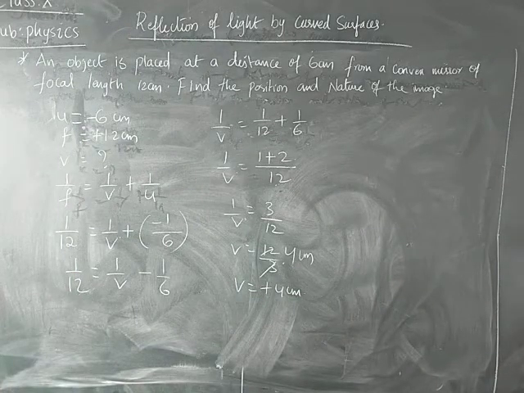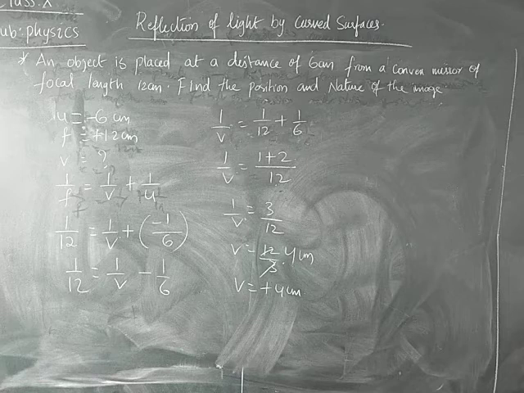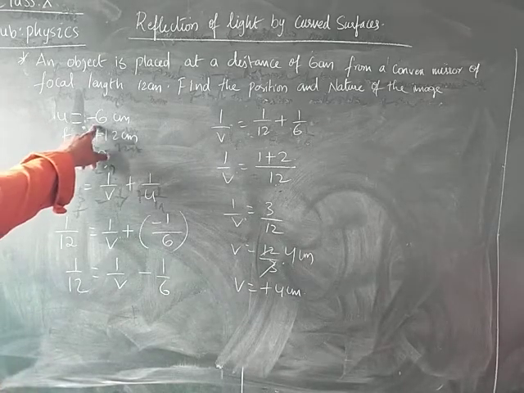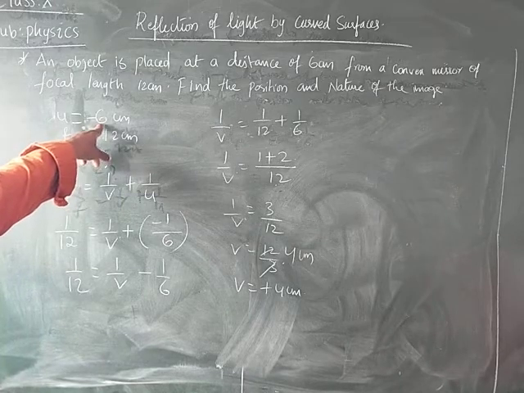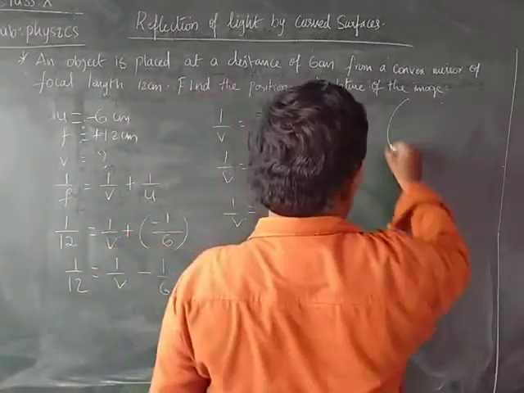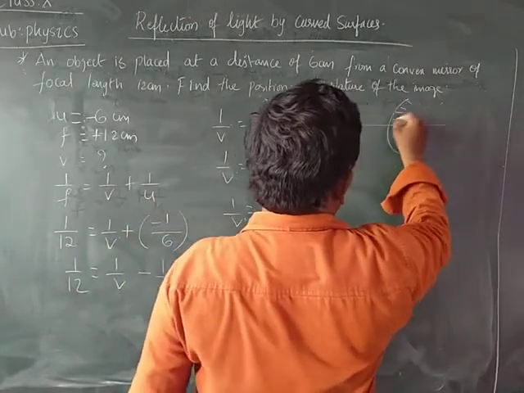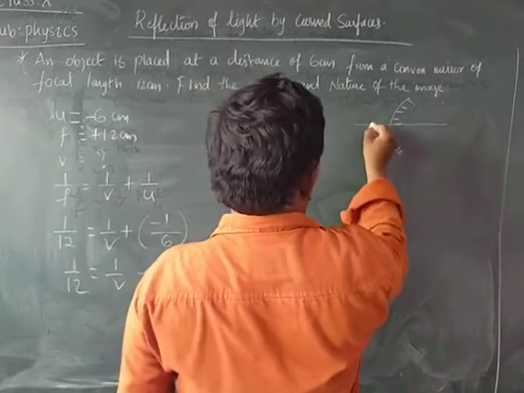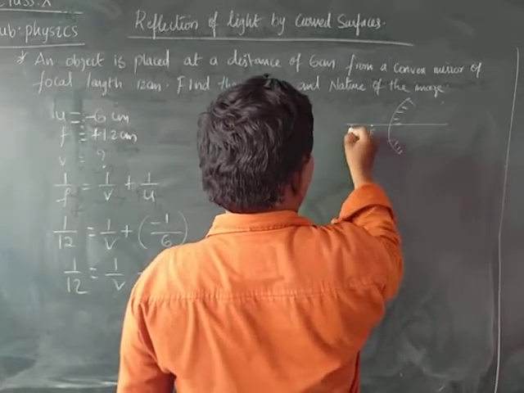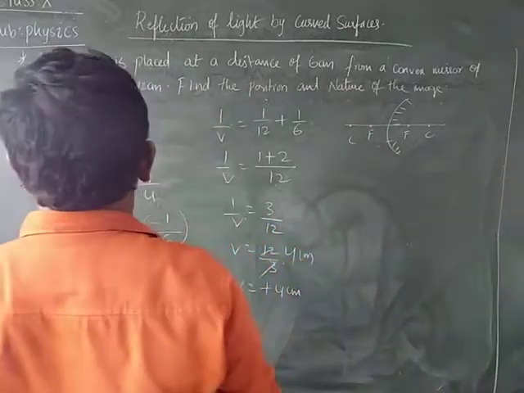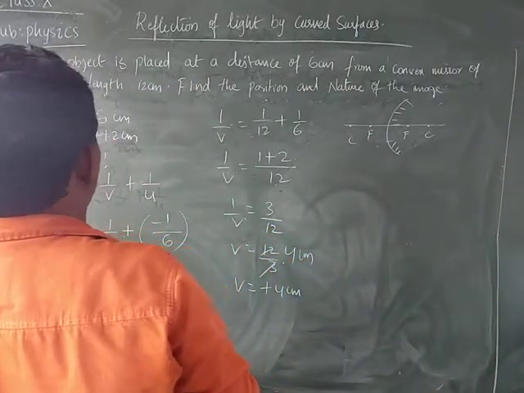Okay. The object height is not given, therefore there is no need of finding the image height. And here the object is at 6 centimeter. Just we can draw the figure, a rough figure. Okay. Here F, C. This is a convex mirror, no? That's why we are writing F is equal to 12 centimeter.